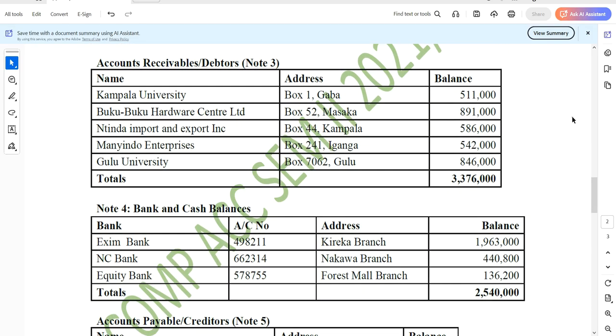We have five debtors. We have to create accounts for all of these one by one: Kampala University, Bukubuku Hardware, Tinda Import and Export, Manyindo Enterprises, then Gulu University. The addresses have been given and then the balances. Let's create this very fast.